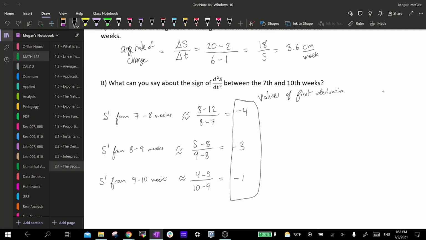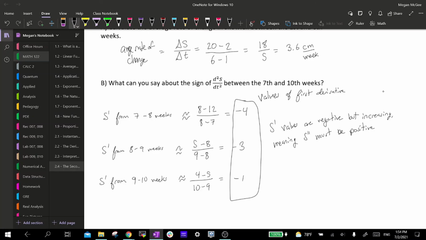So the S prime values are negative, but increasing, meaning our second derivative, S double prime, must be positive.